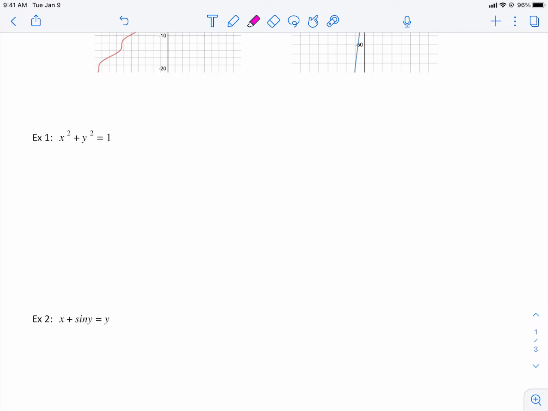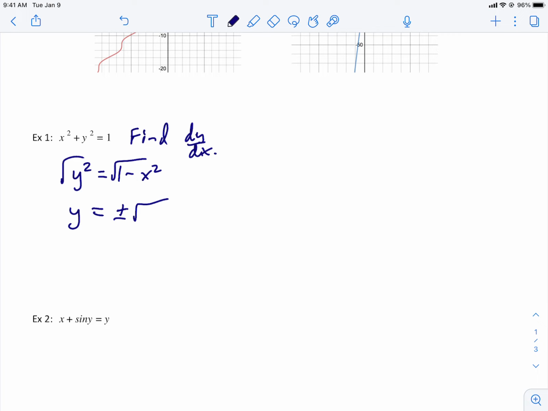If I ask you to find dy dx, until we learn about implicit differentiation, which we will in a moment, you would try to say, okay, I have y squared, I can get y by itself. I move the x squared over, then you square root both sides, then you have y equals plus or minus the square root of 1 minus x squared, and then you say, okay, now I'm going to take the derivative.